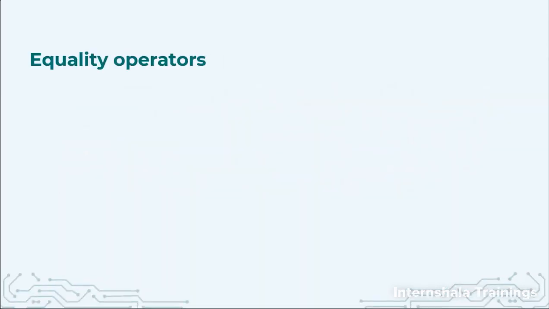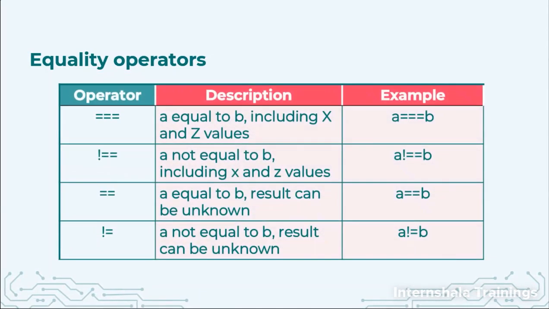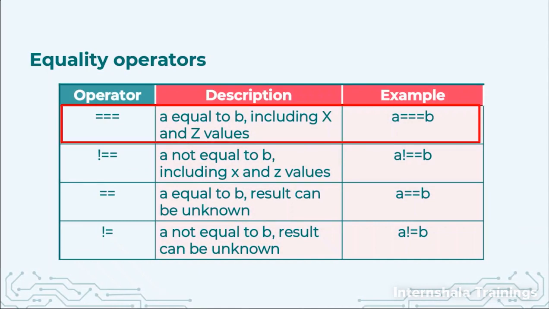The next category or group that we have is equality operators. Here we use them for a very specific purpose. Three equal to signs will be used to check if a is equal to b, including the x and z values. Remember, we have 4 values in Verilog: 0, 1, x and z.